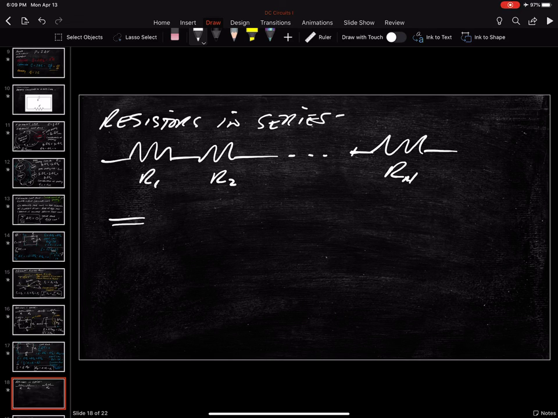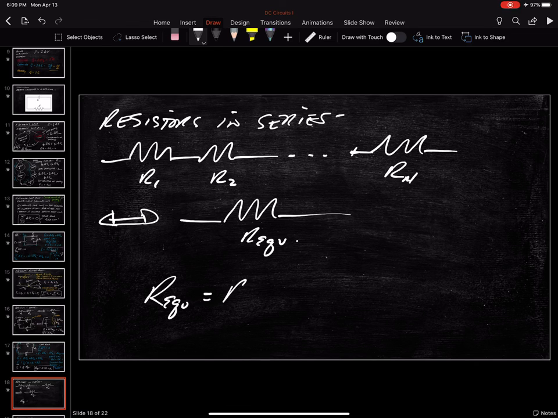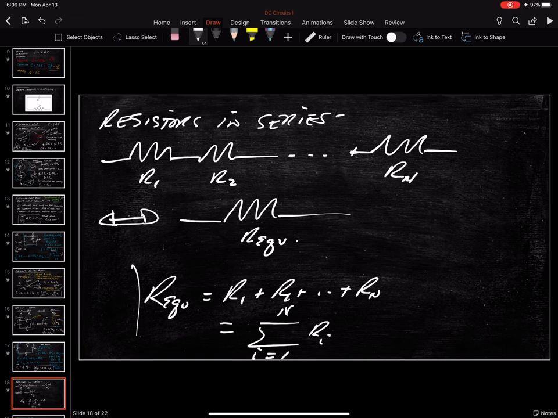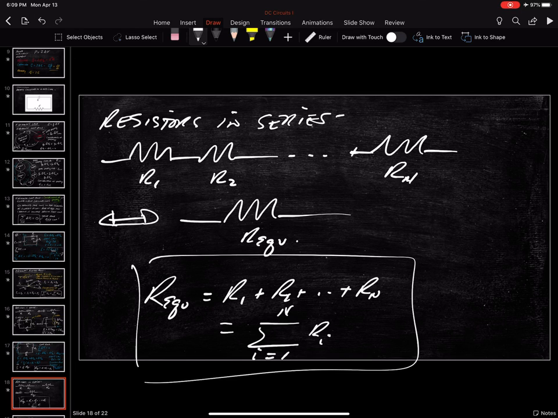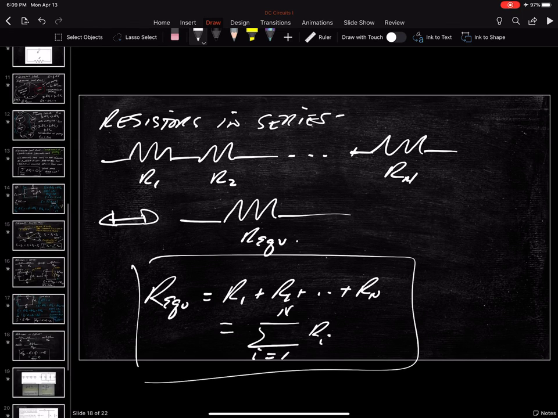This is equivalent to one R equivalent resistance, where R equivalent is equal to R1 plus R2 plus Rn. So if you like, the sum from i equals 1 to n of R sub i. In other words, to get the equivalent resistance of resistors in series, you just add up the resistances. Piece of cake. Nothing to it. All right, so that's nice.